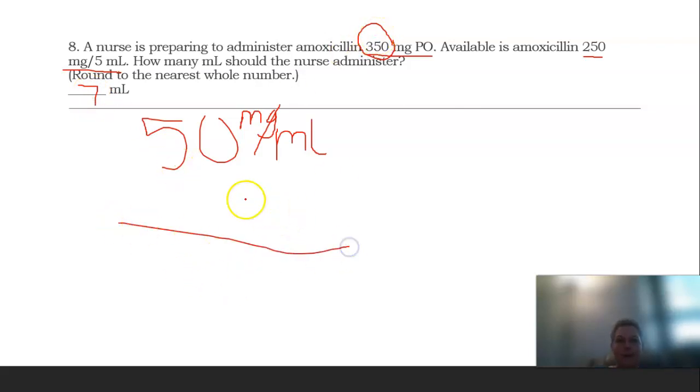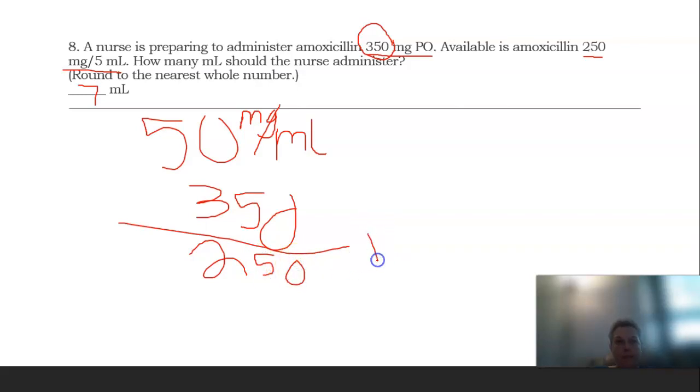I can do it the long way just to double check. 350 on the top, 250 on the bottom, and then times it all by 5.